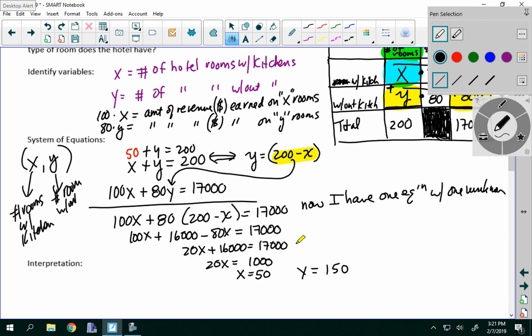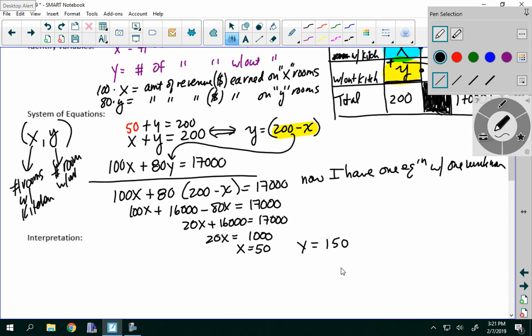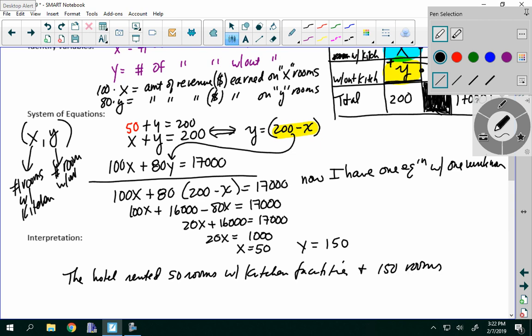And now I take this information, these values for my variables, and put it back into the context of the story by writing a sentence. So the hotel rented 50 rooms with kitchen facilities and 150 rooms without kitchen facilities.